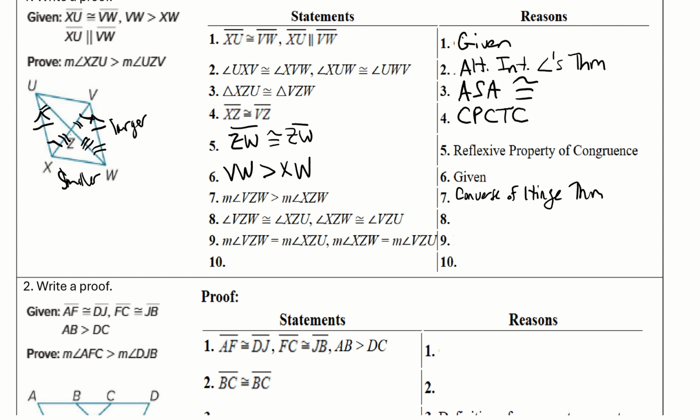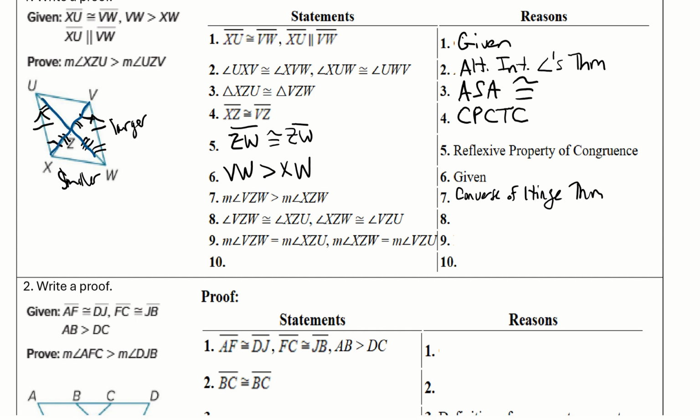Now to go from 7 to 8, okay, and now VZW and XZU, what are those? So VZW, yeah, it's this angle, and XZU.